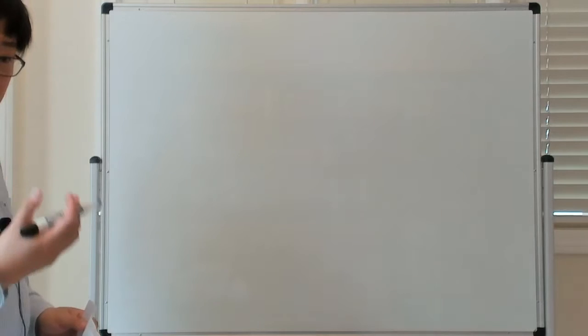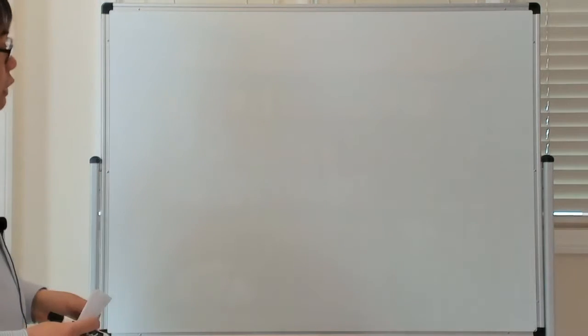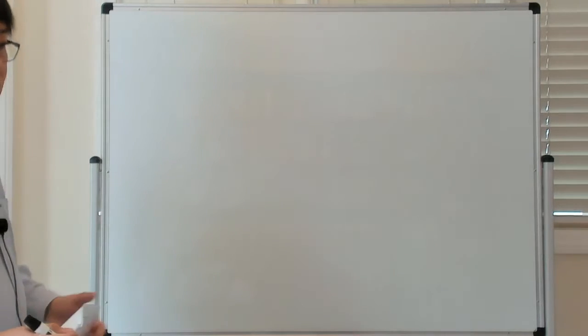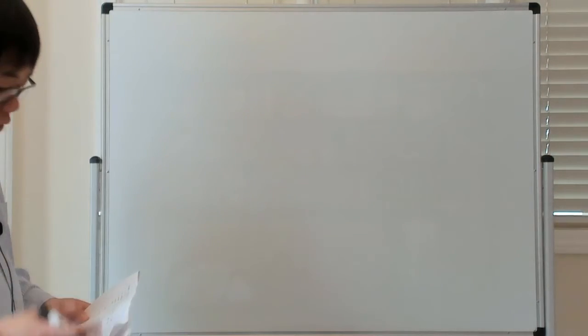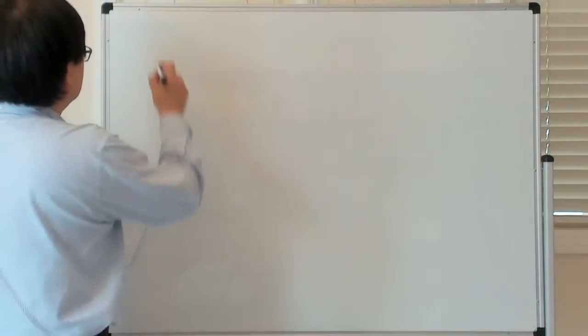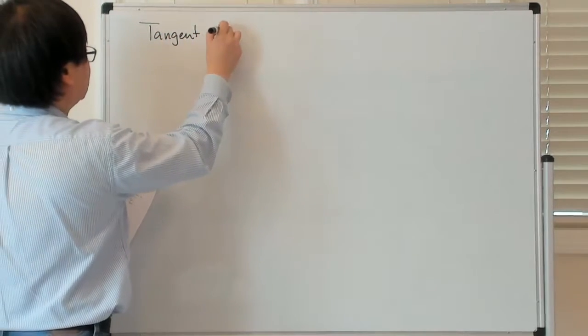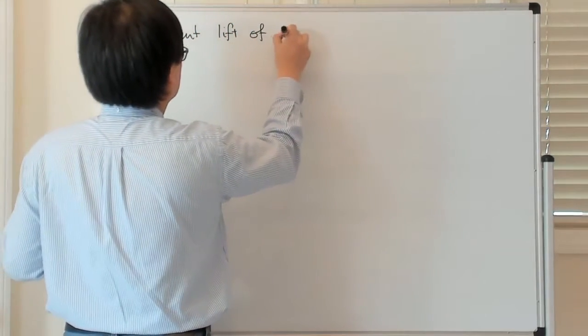But in order to make sense of the symplectic form being preserved in the sense of pullbacks, we first have to introduce the notion of what is called a tangent lift of a map.